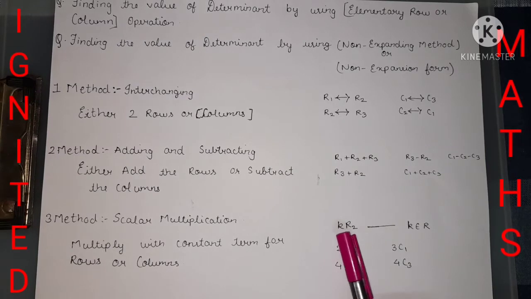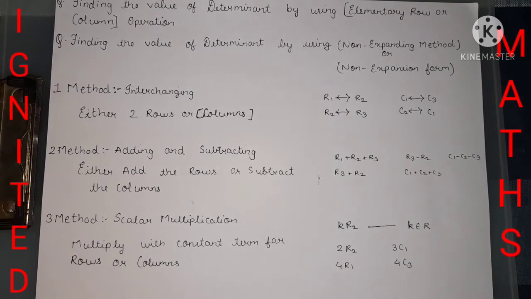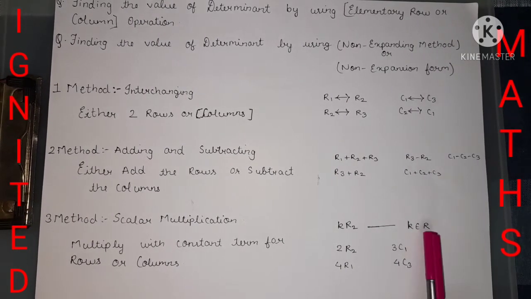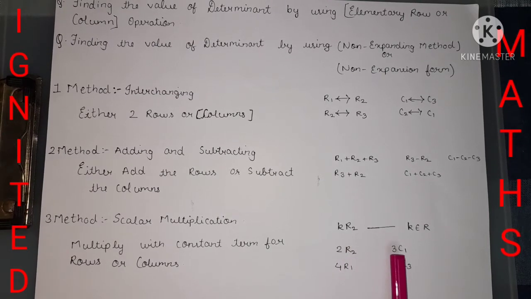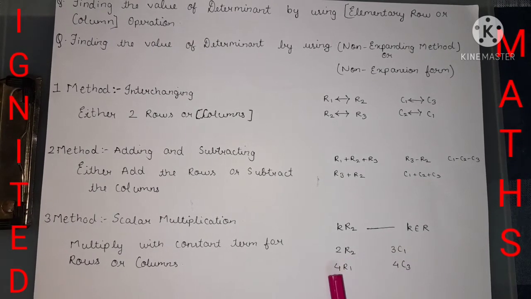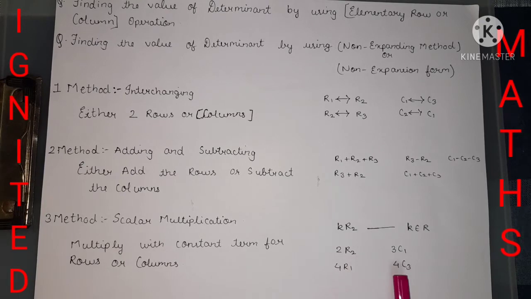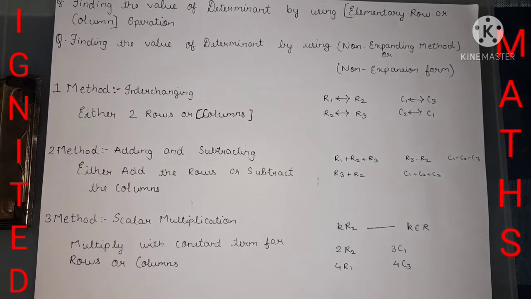What is the meaning of k? k belongs to the real numbers, so it can be any number: negative, positive, even 0. Now 2 is a real number, so it can be multiplied with R2. 2 is multiplied with row 2, 3 is multiplied with column 1, 4 is multiplied with row 1, and 4 is multiplied with column 3.